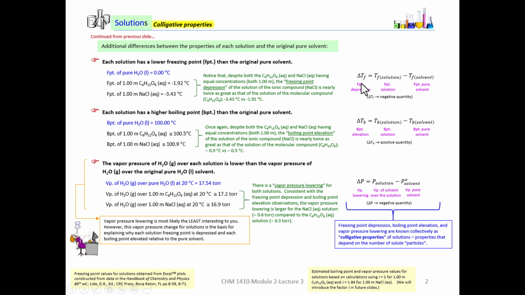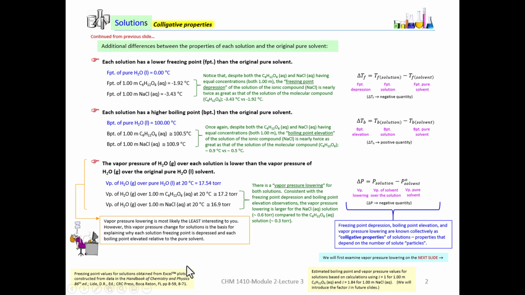Freezing point depression, boiling point elevation, and vapor pressure lowering are collectively known as colligative properties. So there's the title of each one of our slides in this lecture, colligative properties. Colligative properties are properties that depend on the number of solute particles dissolved in the solution.